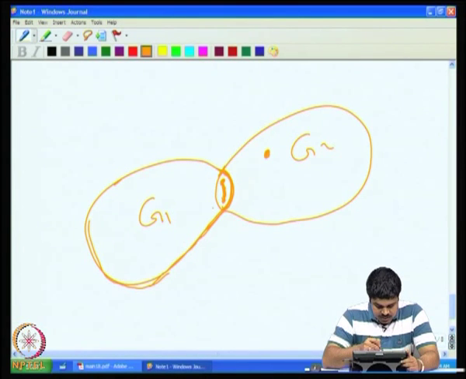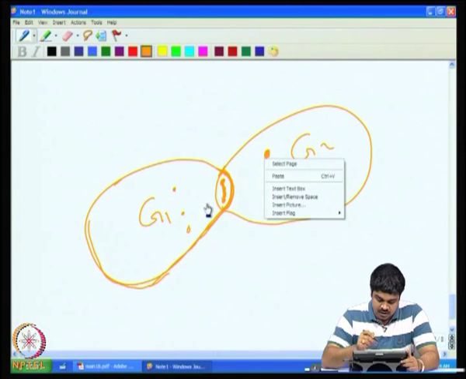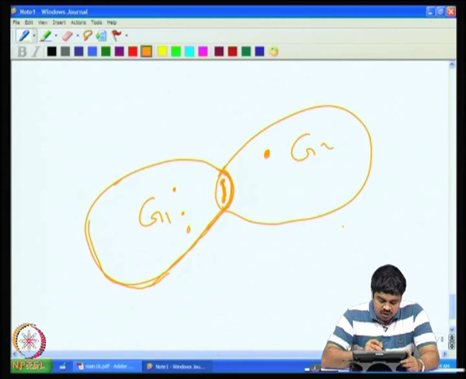It has to have paths to the other side. If there are 3 vertices on this side, there should be 3 different paths from here to here, because of the 3 connectivity, and that is not possible because there are only 2 vertices in the separator. We can only have 2 disjoint paths.